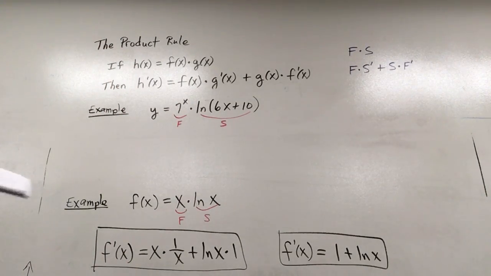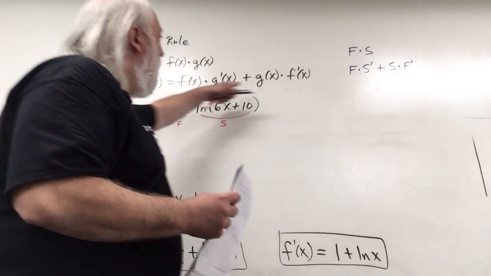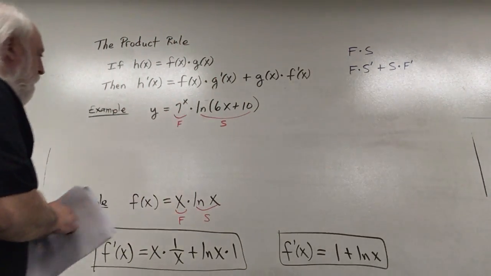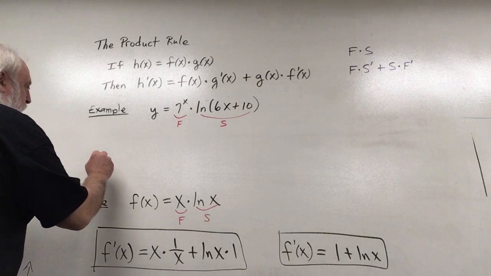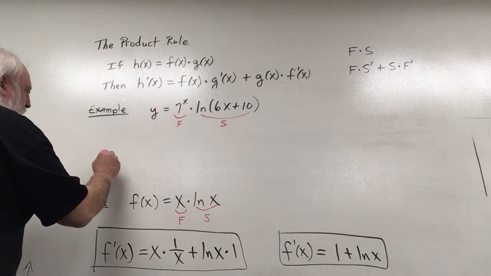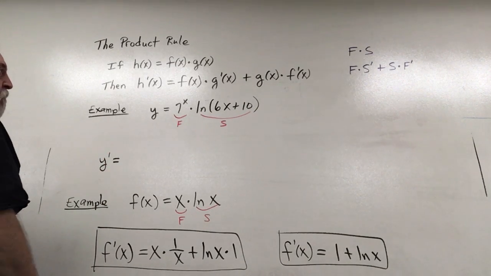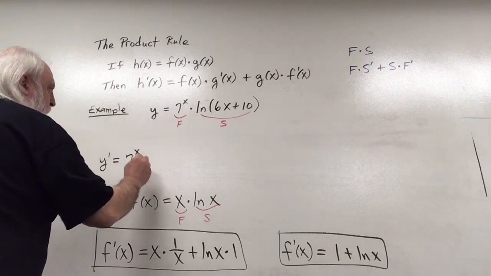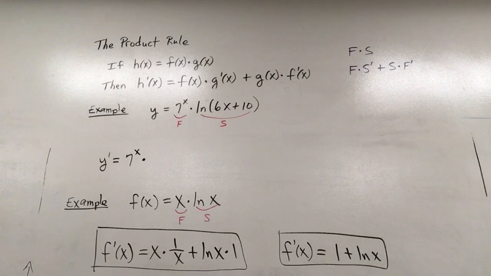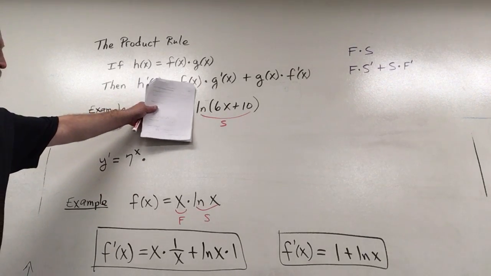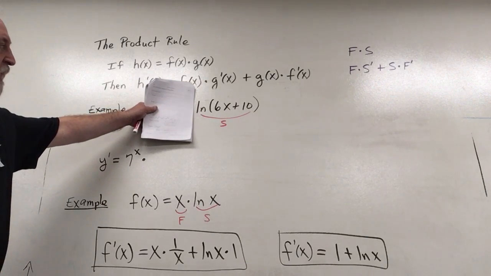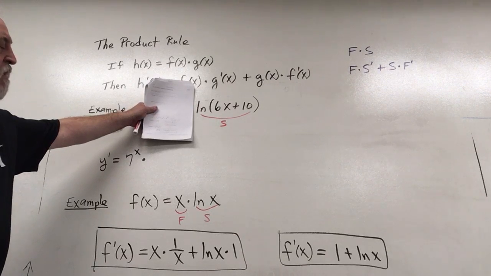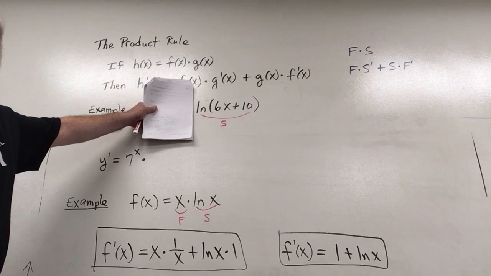And so using this representation of the product rule, the derivative of y, which we denote with y prime, is equal to the first function, 7 to the x, times the derivative of the second function. Well, the second function is the natural log of 6x plus 10, and to differentiate that, we have to use the chain rule for the natural log function.